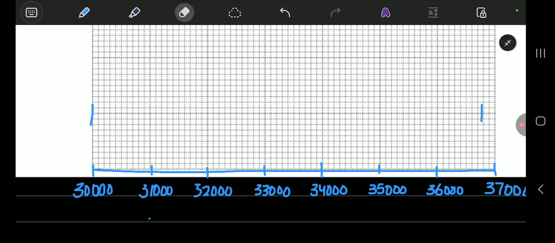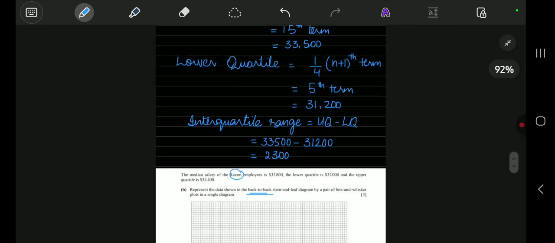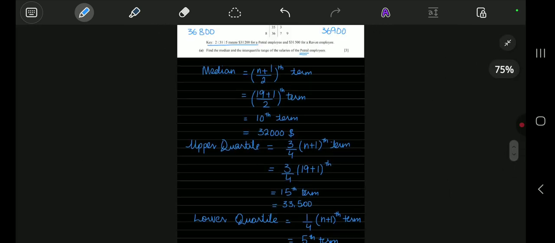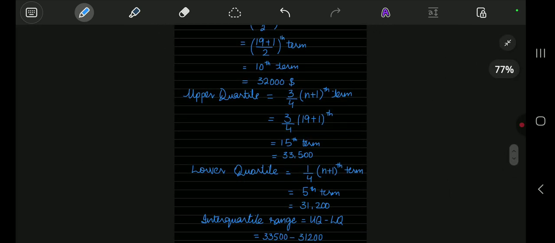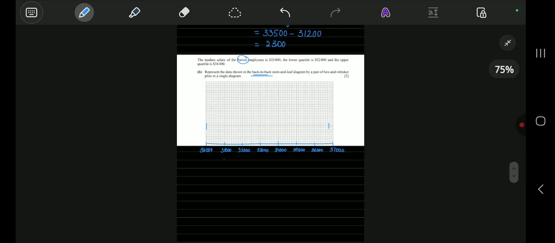Then what is the upper quartile and lower quartile for Petrol? The lower quartile is 31,200 and the upper quartile is 33,500.